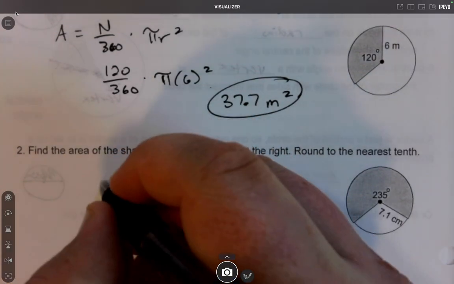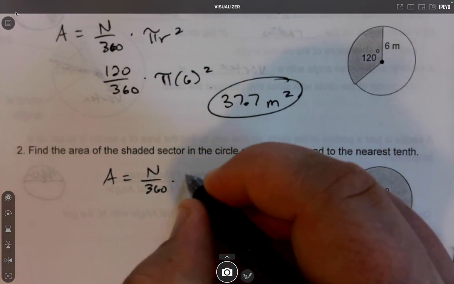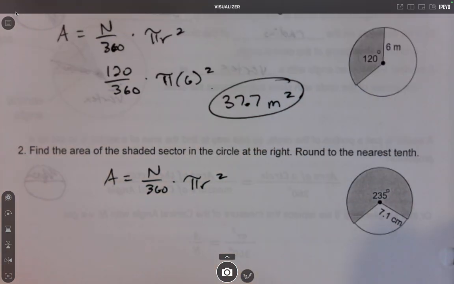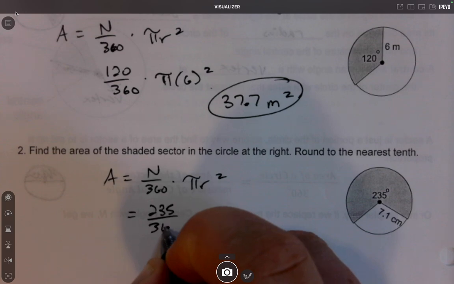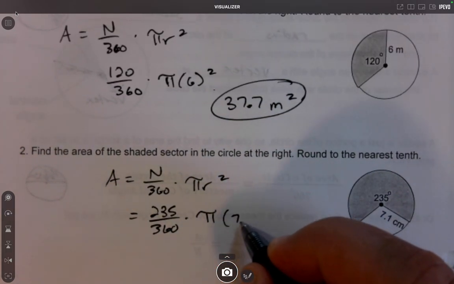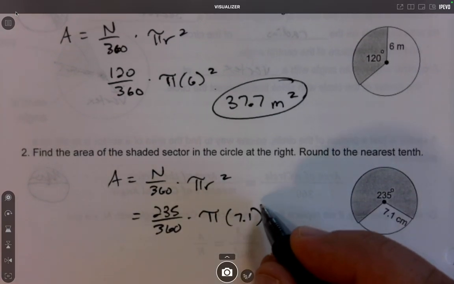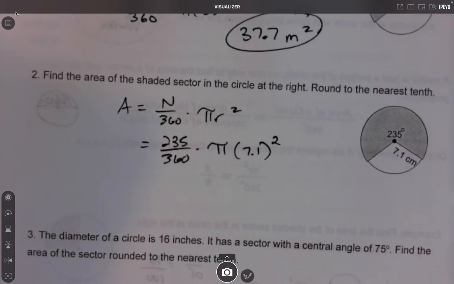Okay, we'll use the same process. Formula is n over 360 times pi r squared. The n is 235. And the radius is 7.1. And don't forget the squared like I just about did.